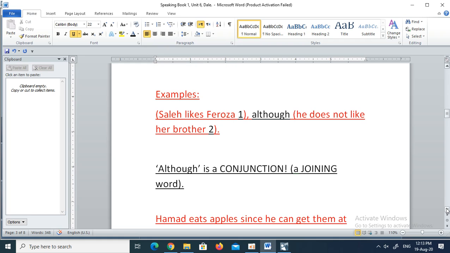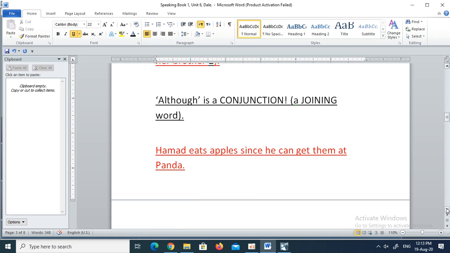Let us look at another example. Hamid eats apples is one clause. So we will call that clause number 1. He can get them at Panda is another clause.